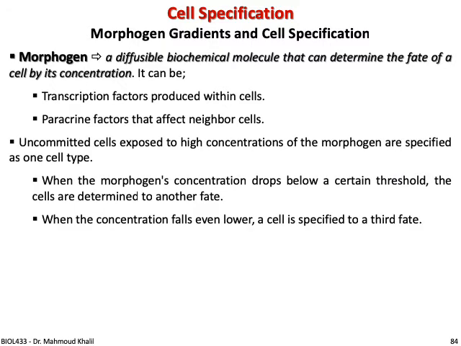If the uncommitted cells are exposed to a high concentration of the morphogen, they are specified as one cell type. When this morphogen concentration drops below a certain threshold, the cells are determined to another fate. When the concentration falls even lower, a third fate can be specified.